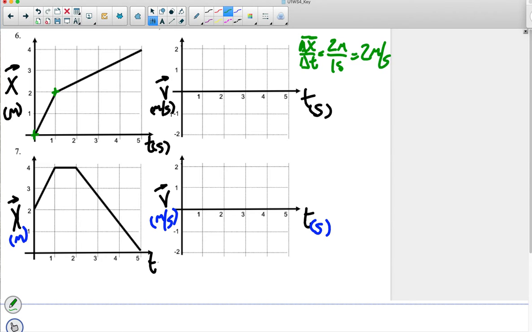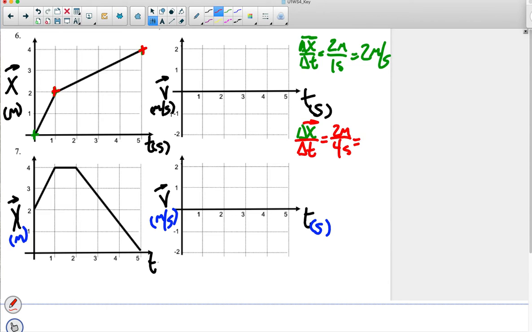And then in phase 2, which goes from 1 second to 5 seconds, we've gone from 2 meters to 4 meters. So for phase 2, we'll color code these so we can see where our work is over here. Change of position divided by change in time. We went from 2 to 4 meters, which is 2 meters, and that took from 1 second to 5 seconds, which is 4 seconds.